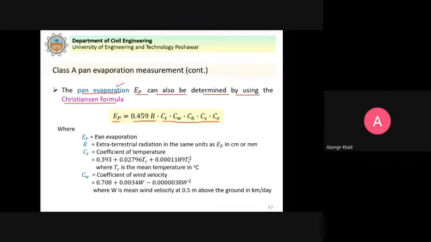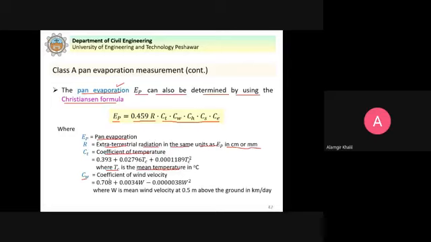In this equation, EP is the pan evaporation, R is the extraterrestrial radiation in the same units as EP, in centimeter or millimeter. CT is the coefficient of temperature that can be calculated using this equation if we know the mean temperature.